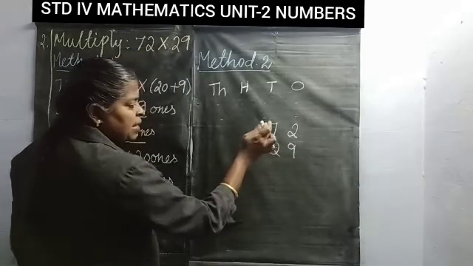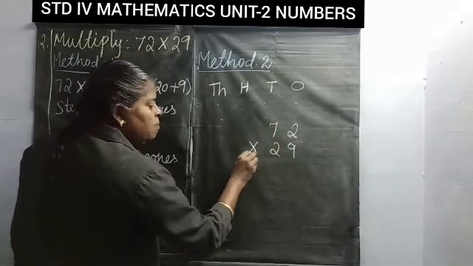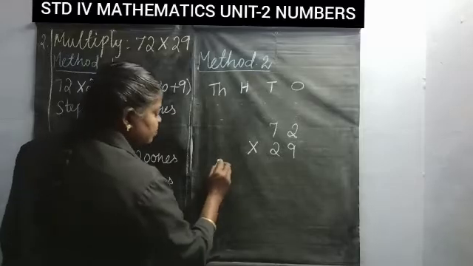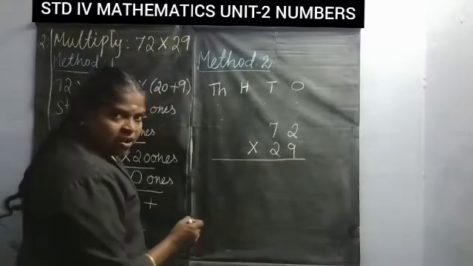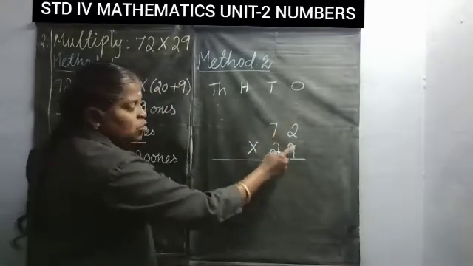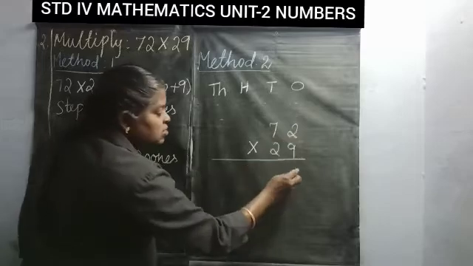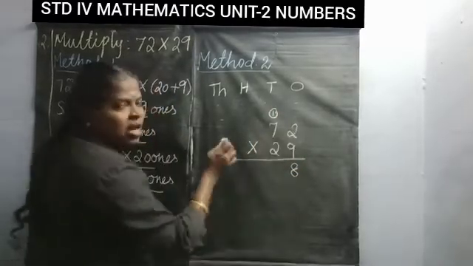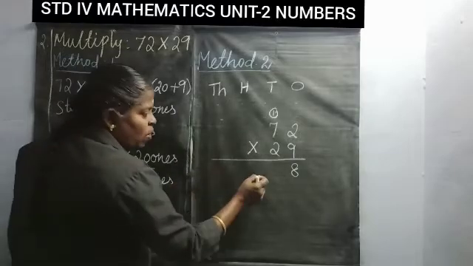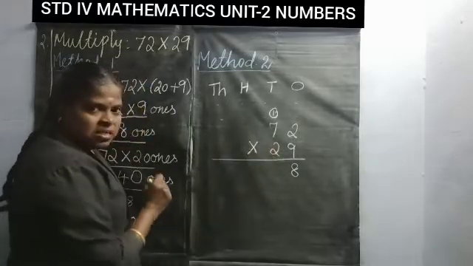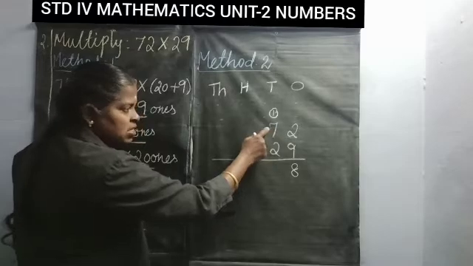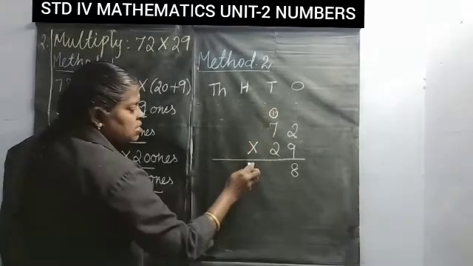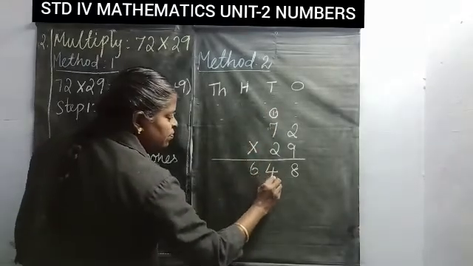First we have to multiply the ones. 9 twos are 18, carry over 1. 9 sevens are 63. Add the carry over, 64.